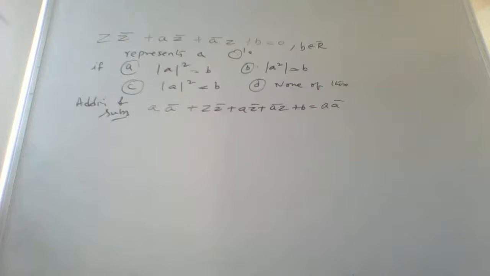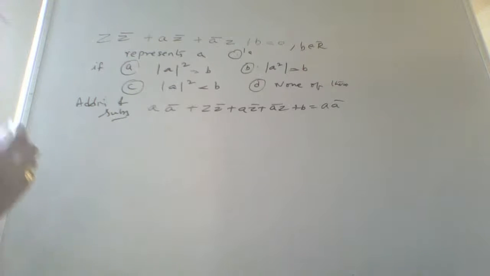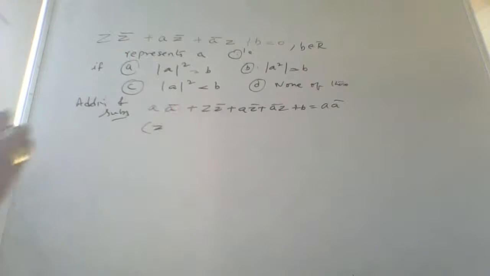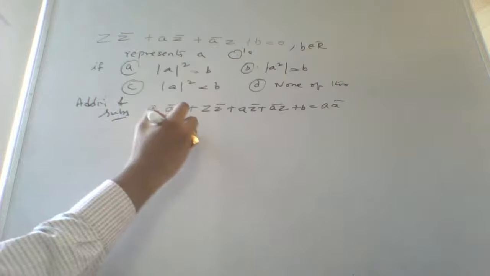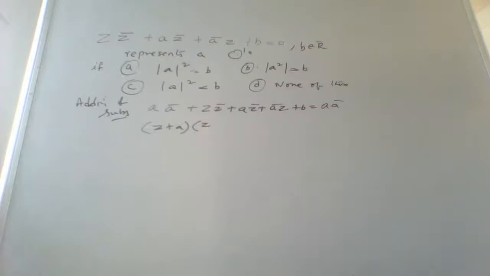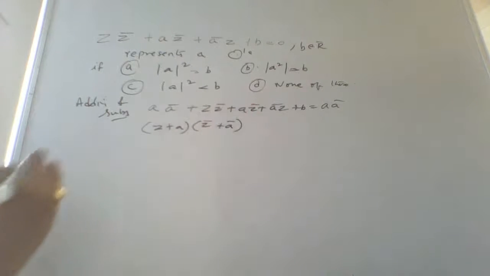I'm adding and subtracting on both sides. Now if I form this, I get z plus a into z bar plus a bar. Correct?